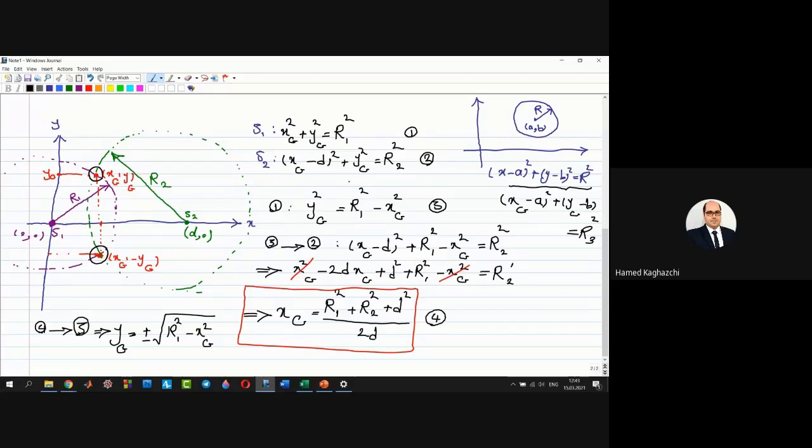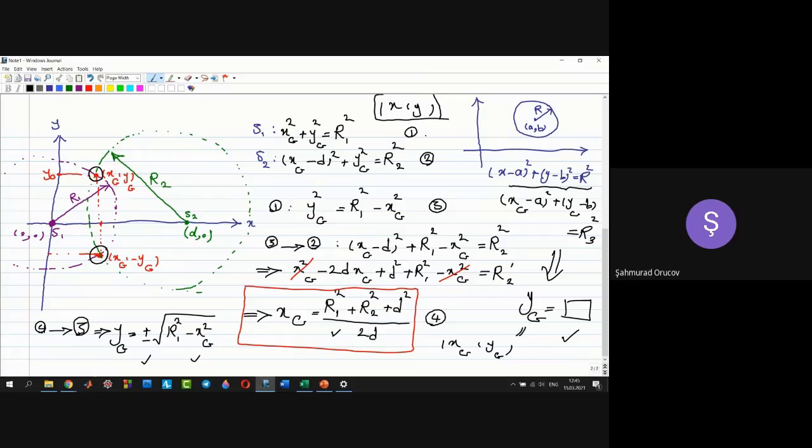And again, substituting xg into this equation, you can find yg from here. Now, the common y with this value and this value is our exact coordinate.